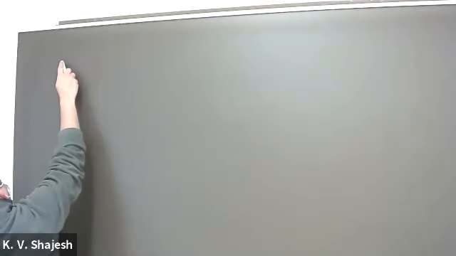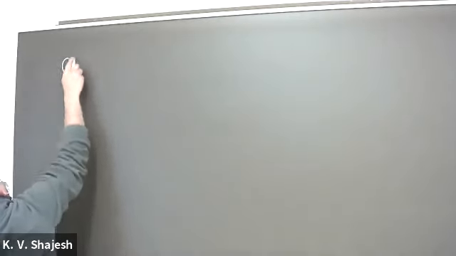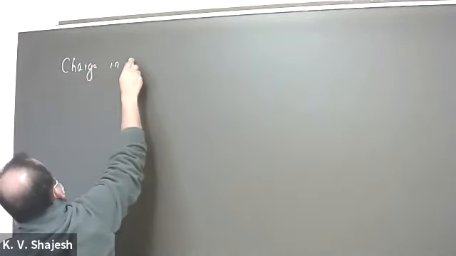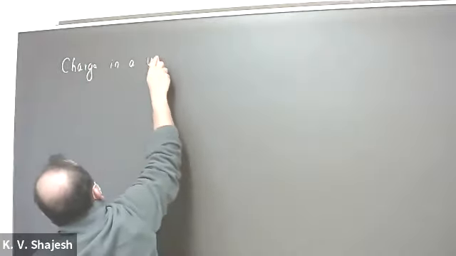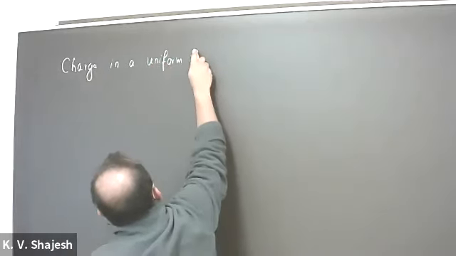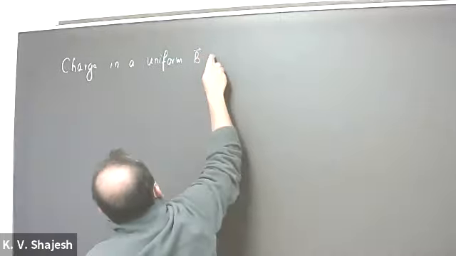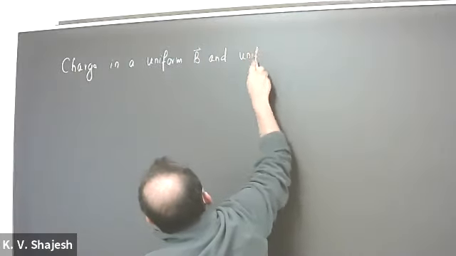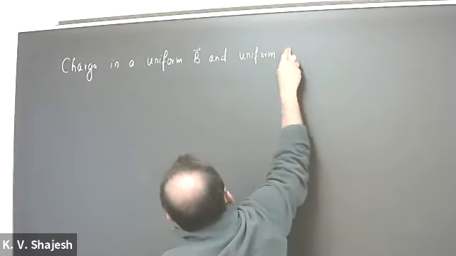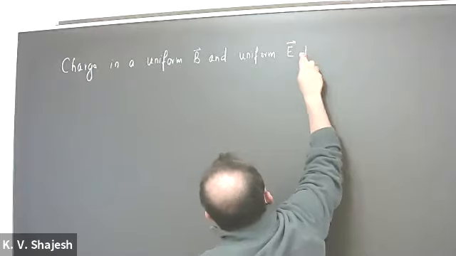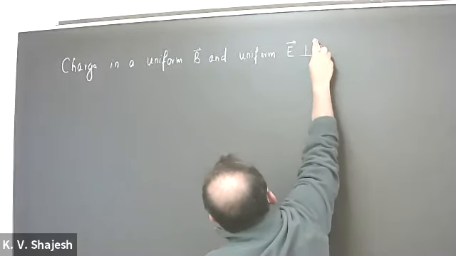So we're talking about a positive charge in a uniform magnetic field B and a uniform electric field, but now the electric field is perpendicular to the magnetic field.